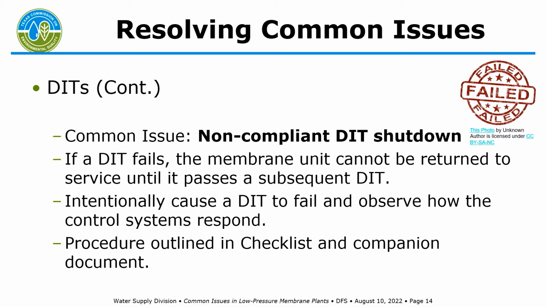Still on DITs, it's another common issue. If a membrane unit fails a DIT, we do have requirements, such as the membrane unit that's failed cannot be returned to service until it passes a subsequent direct integrity test.